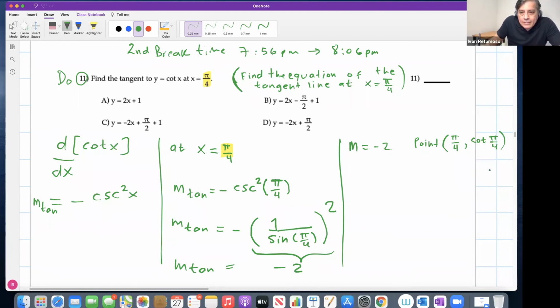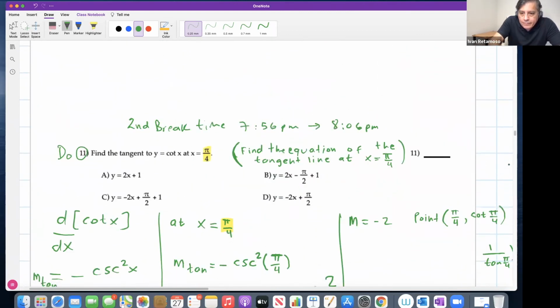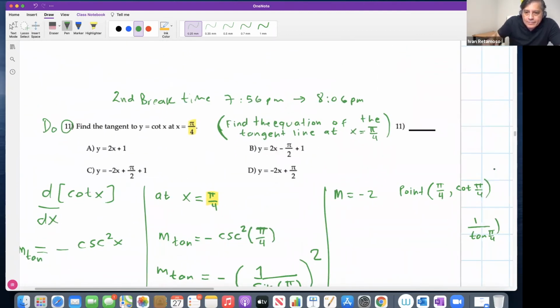Well, this is 1 over tangent, right? 1 over tangent of pi over 4. And since tangent is just 1, it will be just 1, right? So the point is pi over 4, comma 1.